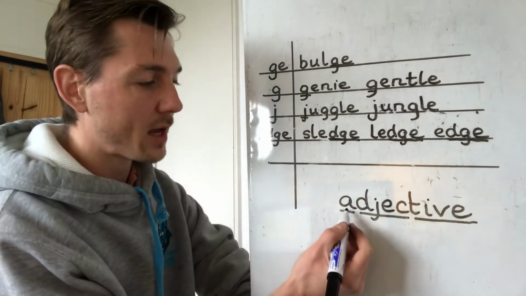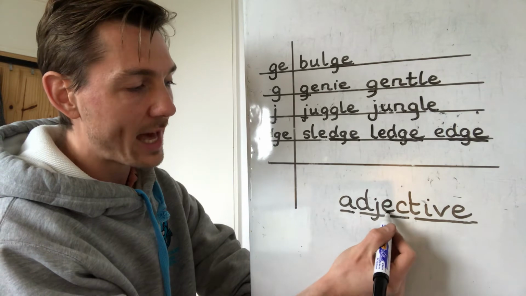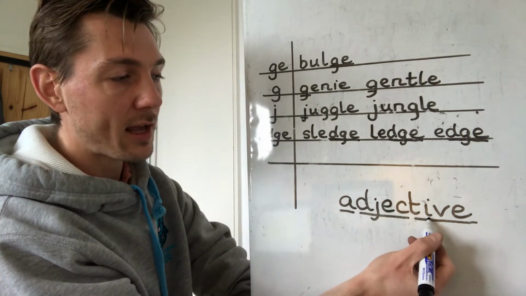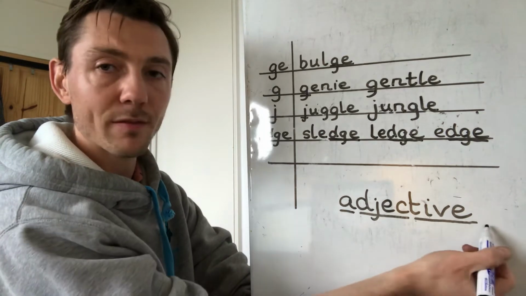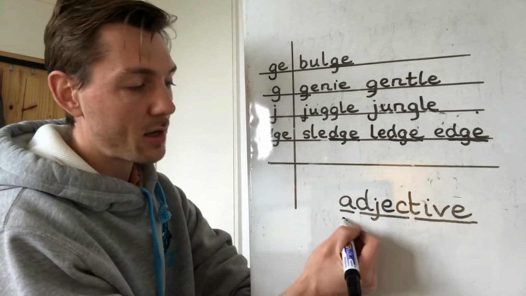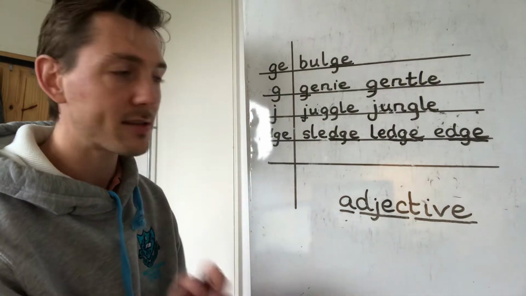Okay, so we have a, then we have j, e, jack, t, i, v, tiv. Adjective, adjective. And there's a j spelling in the second syllable.